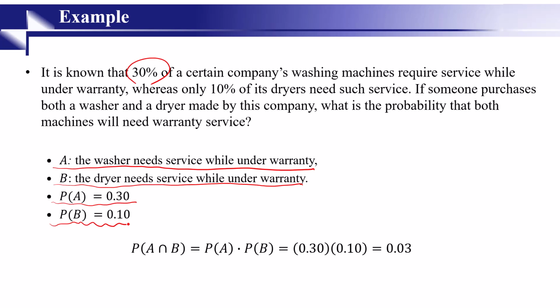Now, if someone buys both and assuming independence, it means one machine's failure does not affect the other one. What is the chance both need service? We call it probability of A cap B, which is probability of A multiply probability of B. 30% multiply 10% is 3%. Independence makes this calculation a breeze.